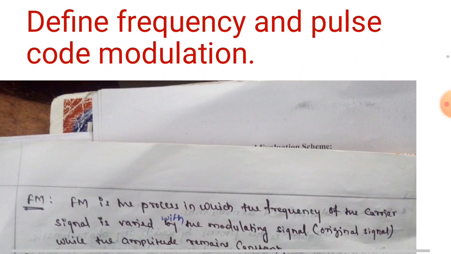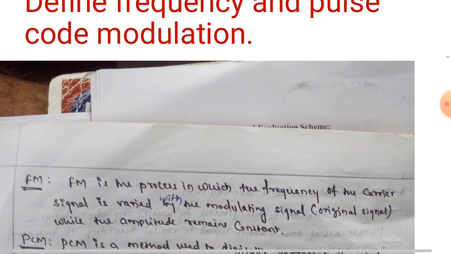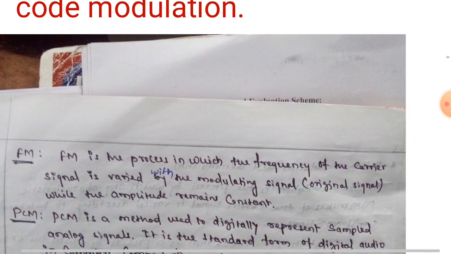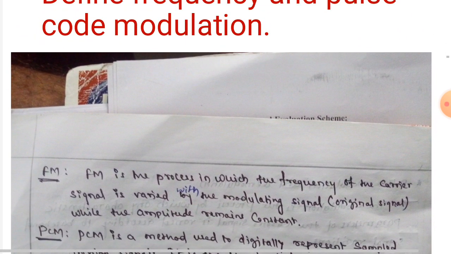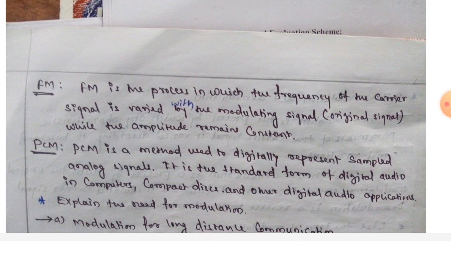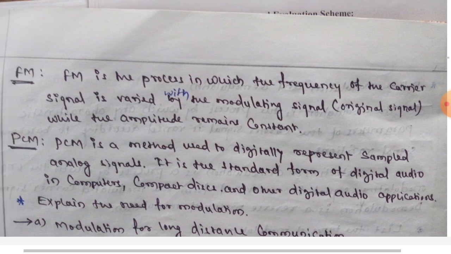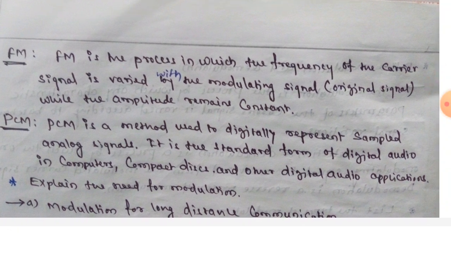Next is, define frequency modulation and pulse code modulation. Frequency modulation means the process in which the frequency of the carrier signal is varied with the modulating signal, that is the original signal, while the amplitude remains constant.